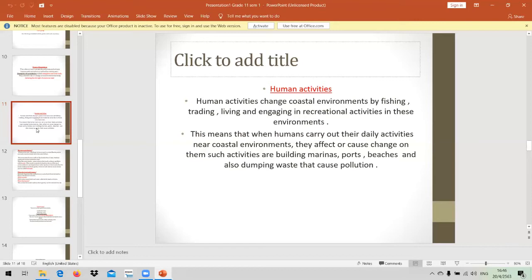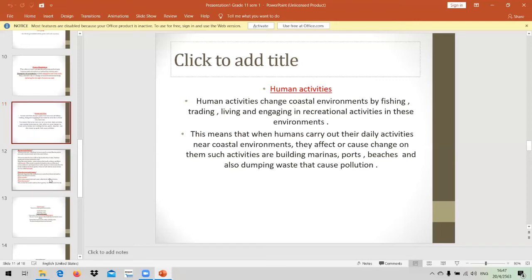Such activities include building marines, ports, beaches, and also dumping waste that cause pollution. Okay? You go and dump the garbage somewhere, it's going to cause pollution. And at the end of it, it is also changing the coastal environment.